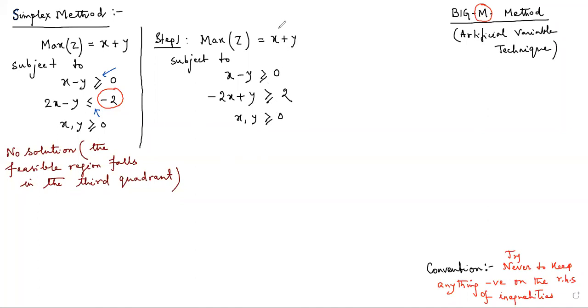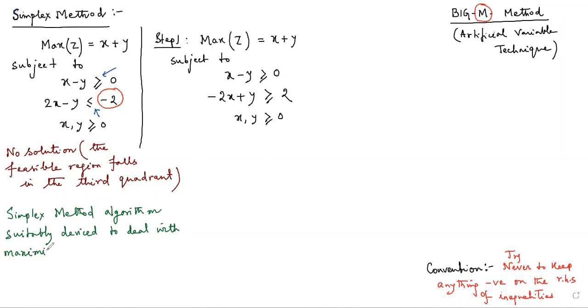Another important part, and I will forget if I don't mention it right now. Remember this point, note it down somewhere in your copy. The simplex method algorithm is suitably devised to deal with maximization type of problem. Remember this vital point always.